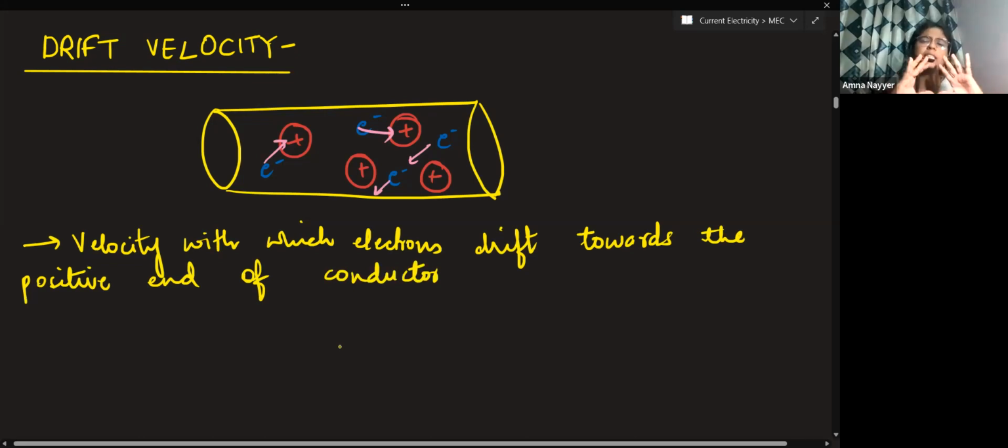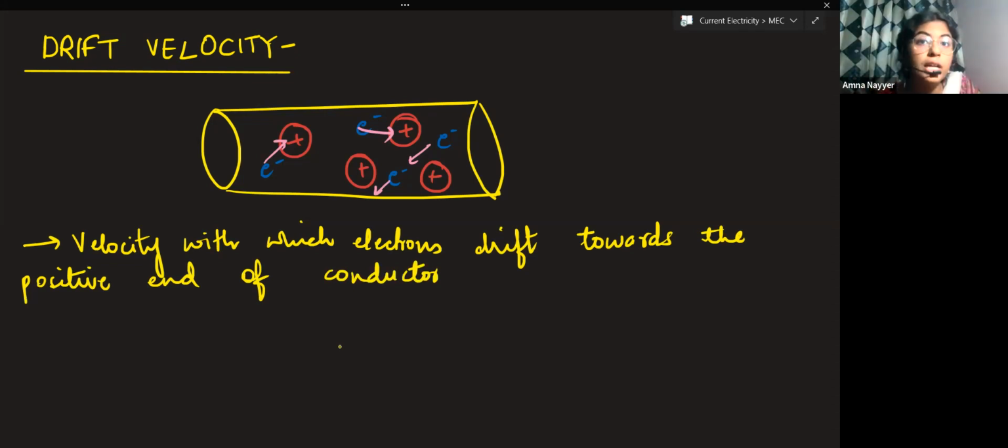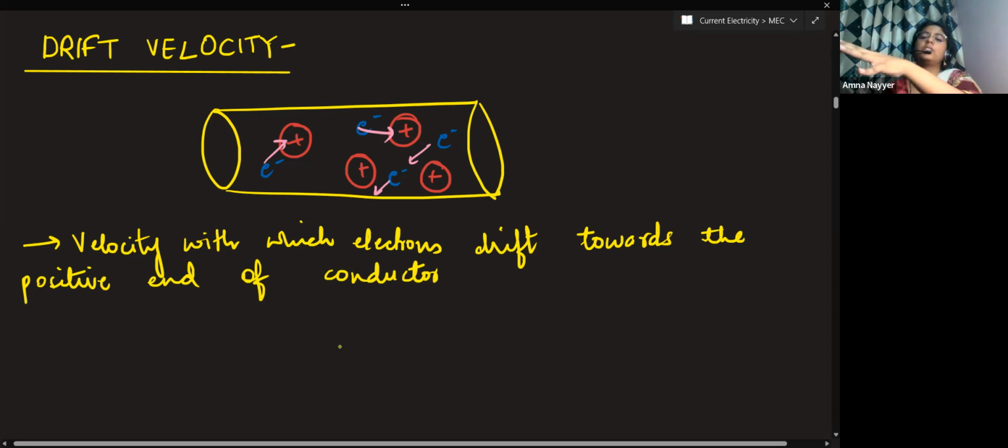Velocity, basically average velocity, because calculation of each single velocity of every electron is not possible. So it's the velocity with which all the electrons drift towards the positive end of the conductor under the application of an electric field.